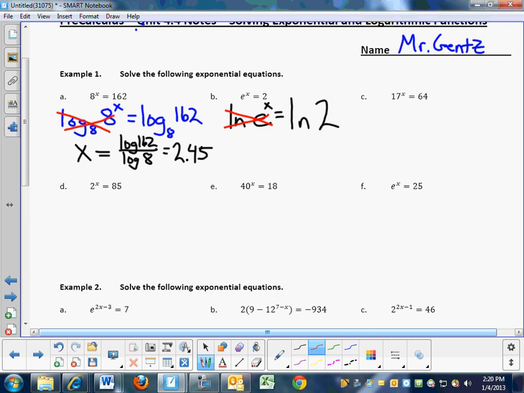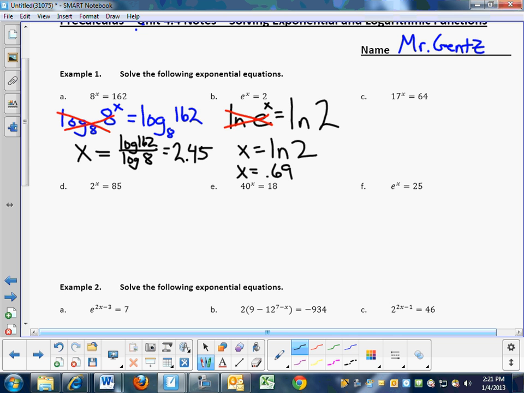The natural log and the base e cancel, and I'm left with x, and I have the natural log of 2. You have that button on your calculator. Natural log of 2 is 0.69. And we're done.